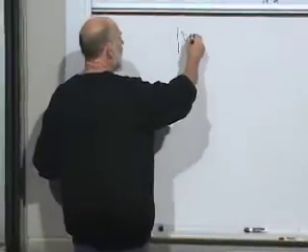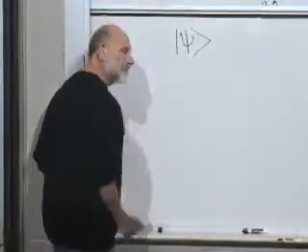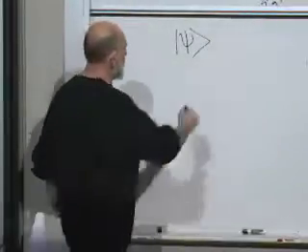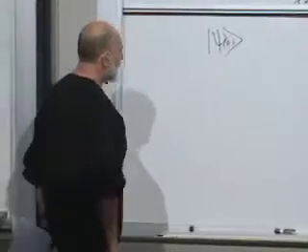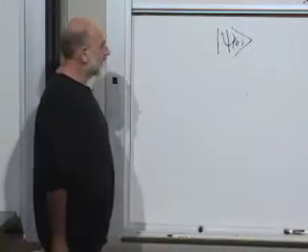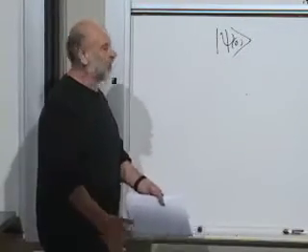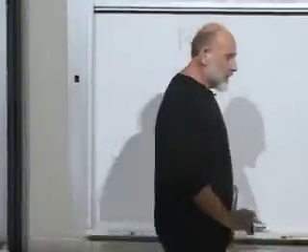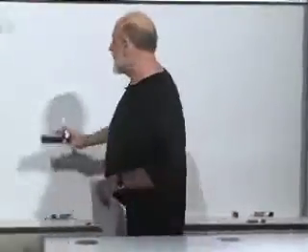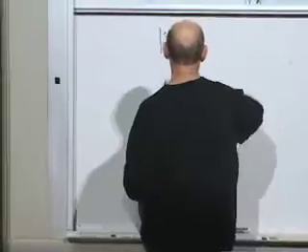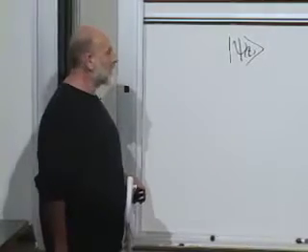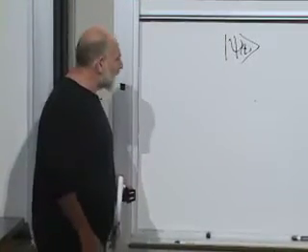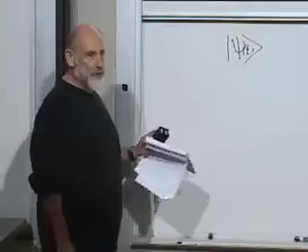Start with any state psi. It could be any state of the system. Let's imagine it at time 0. After a certain amount of time, it evolves to a new state, which is the state at time t. The principle of quantum mechanics that I'm going to say now is, first of all, that the evolution is linear.